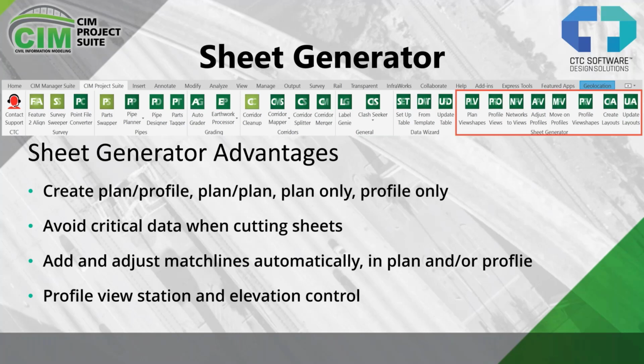So we won't have a match line that goes through something you wouldn't want it to go through, such as a manhole, a catch basin, or perhaps a hydrant, things of that nature. We can add and adjust those automatically in plan and/or profile, and we have more profile view, station, and elevation control over the native tools.